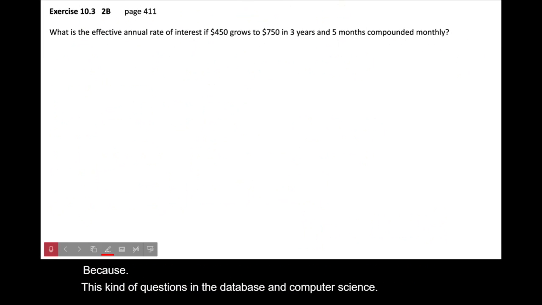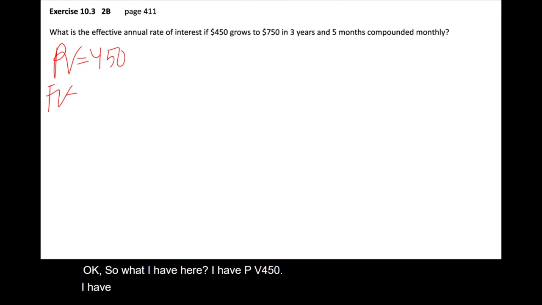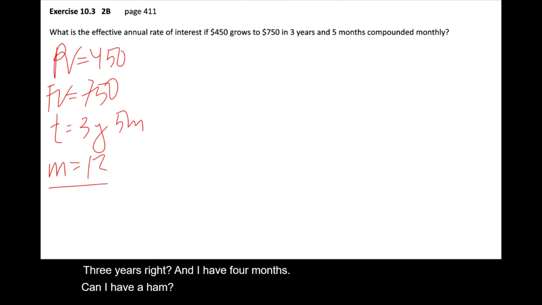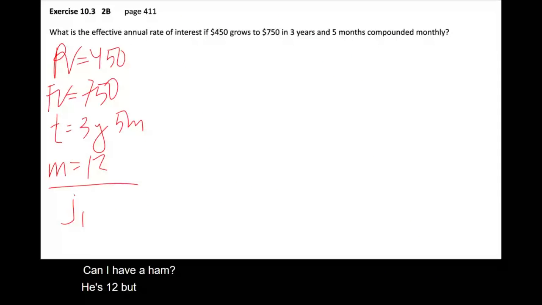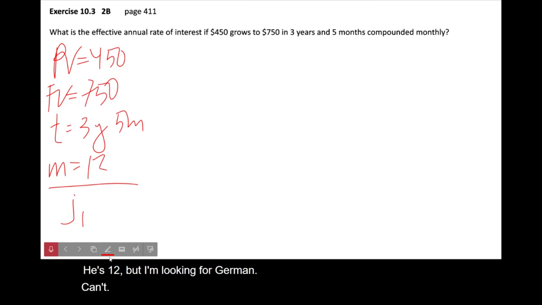So what I have here, I have PV 450, future value 750, time 3 years, right? And I have 5 months, and M is 12, but I'm looking for J1. Okay, I'm looking actually for F. Well, J1 is fine.